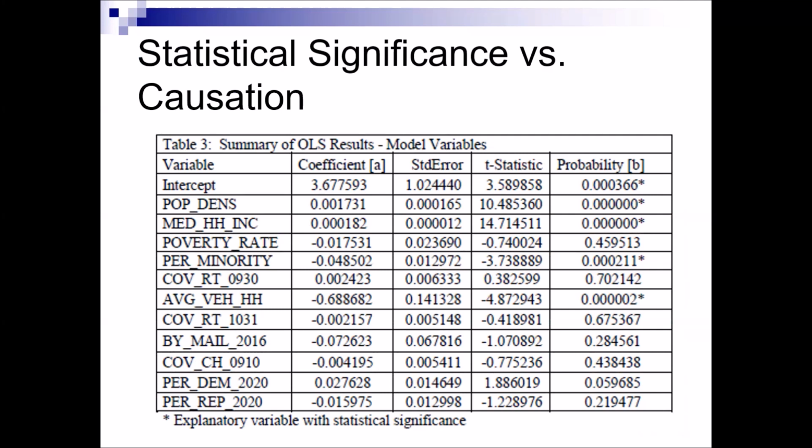So we can look at some of these factors. Why in minority counties or minority zip codes did we have lower by-mail voting, especially in the minority-majority counties out in northeastern North Carolina? Maybe they weren't provided with the resources to do that, or the population density, or median household income.